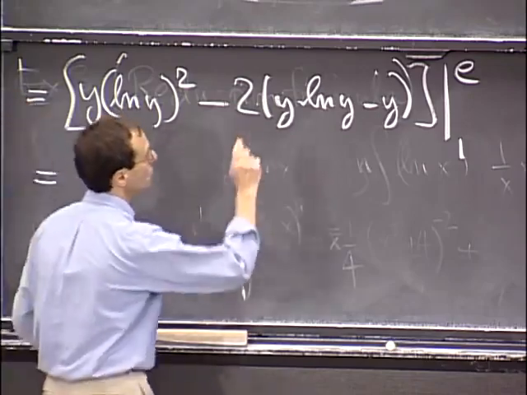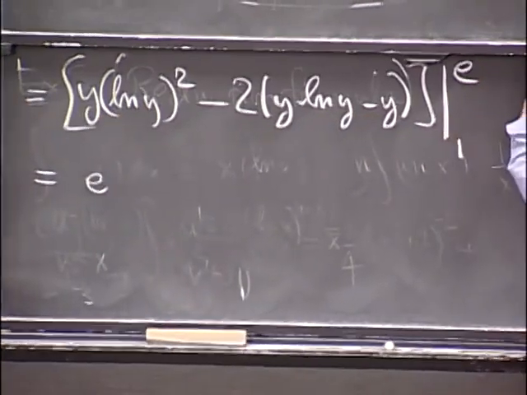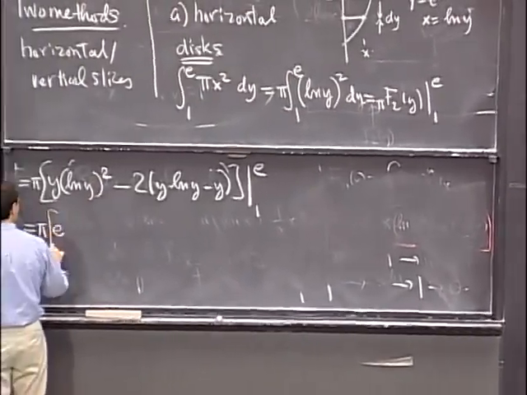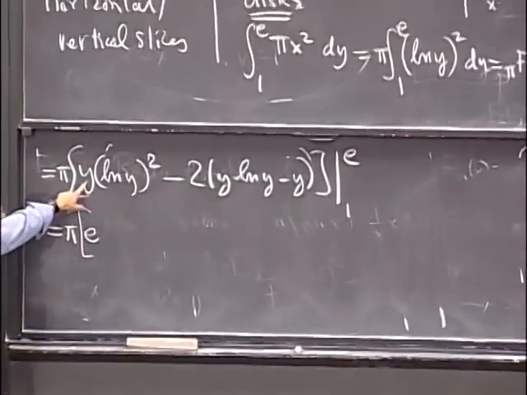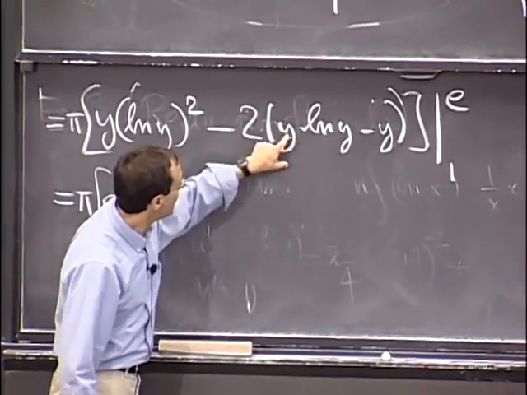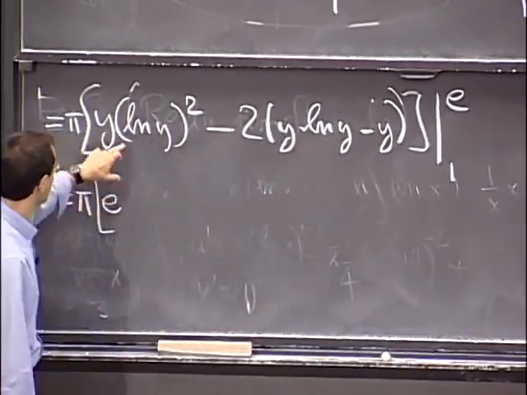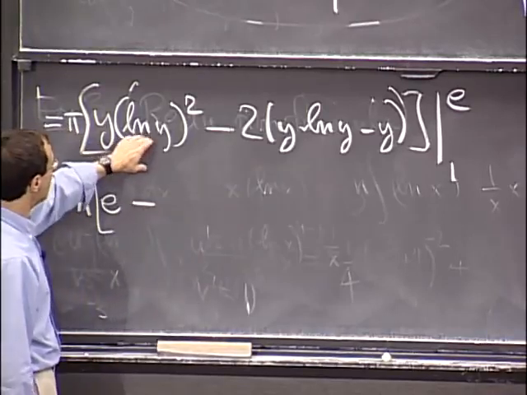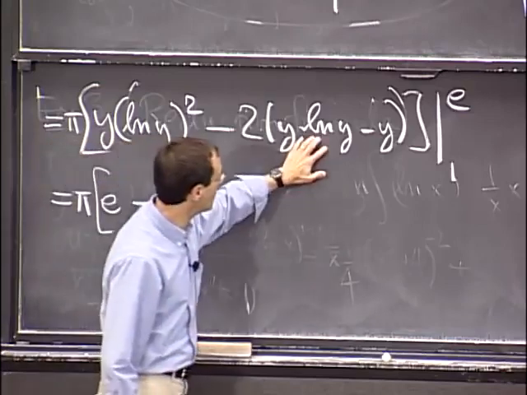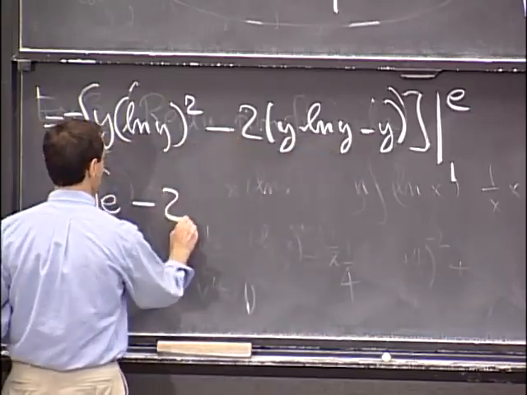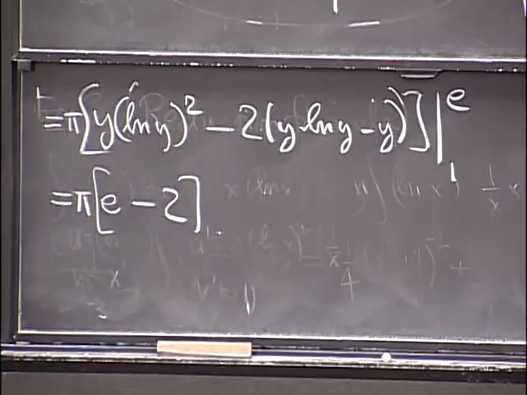Oh, except there's a factor of pi there, sorry. I missed the pi factor. So there's an e here, and then I subtract off, well, at 1 this is e minus e, so it cancels. There's nothing left. And then at 1 I get log 1 is 0. There's only one term left, which is 2. So it's minus 2. That's the answer.